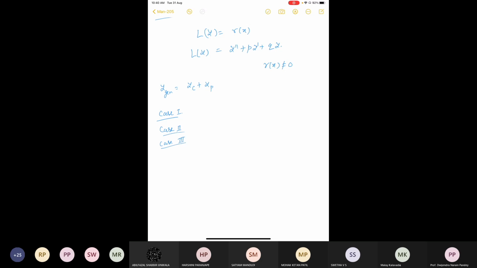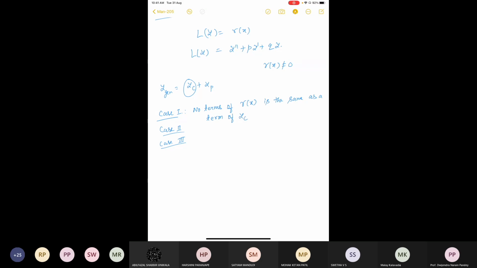Once we already have yc, which is already known to us, we define case 1 like this: no terms of this r(x) are the same as a term of yc.